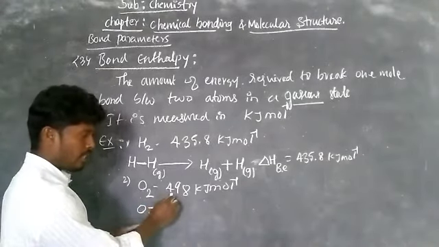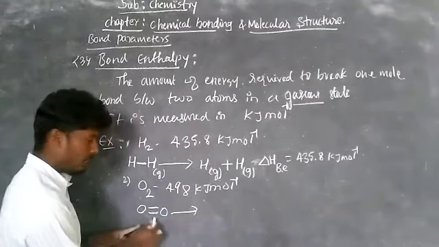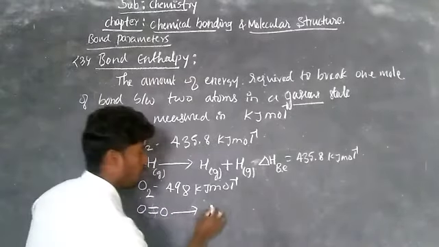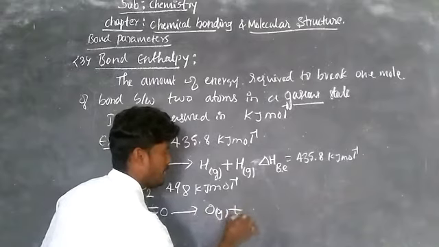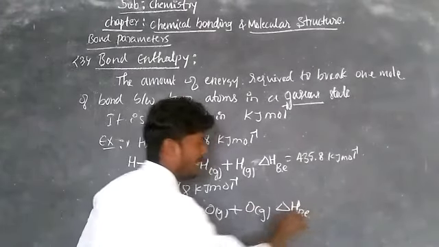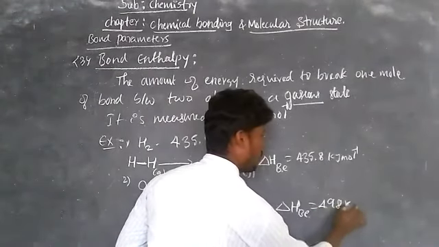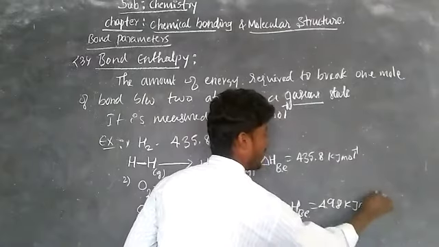After cleaving the bonds, you get oxygen in gaseous state plus oxygen in gaseous state. Here delta H of bond enthalpy is 498 kilojoules per mole. Got it?